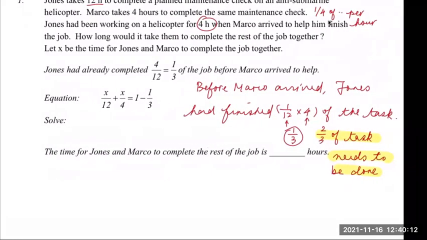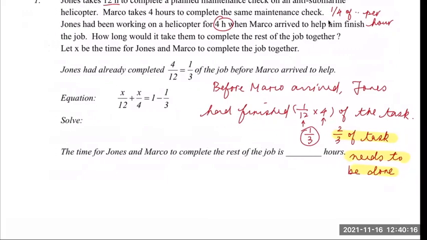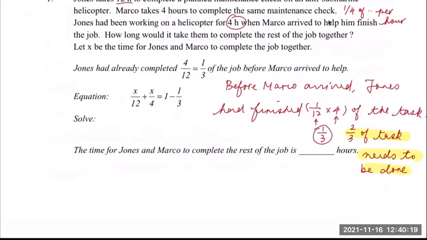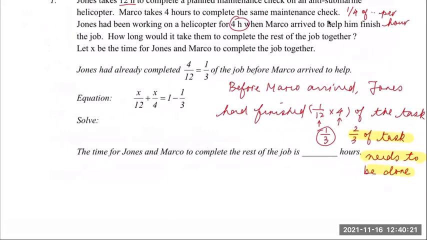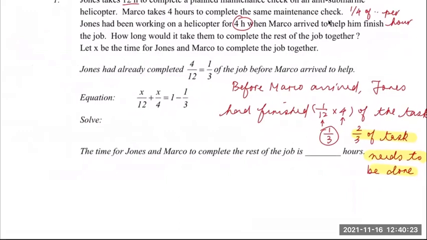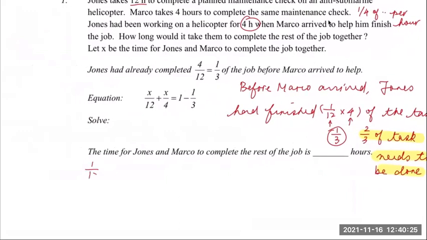So we know that only 2/3 of the task needs to be done. Jones completes 1/12 of the task every hour, and Marco completes 1/4 of the task per hour.